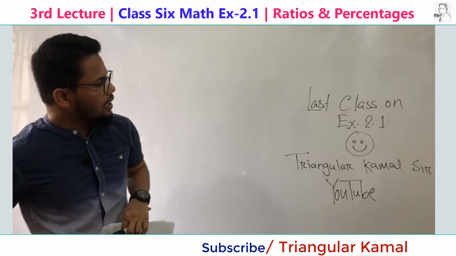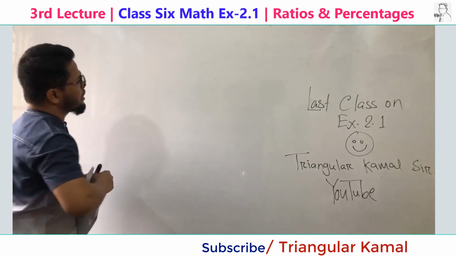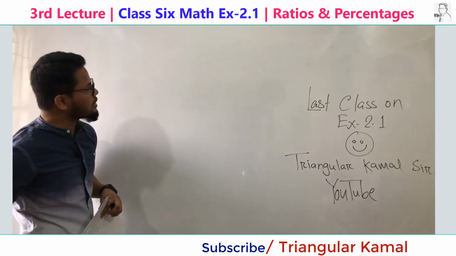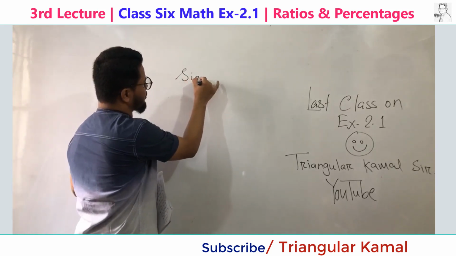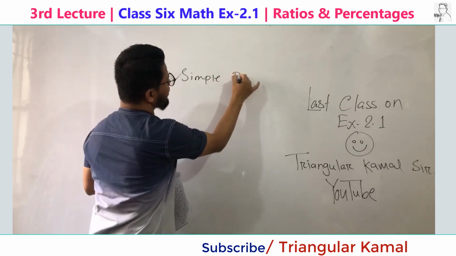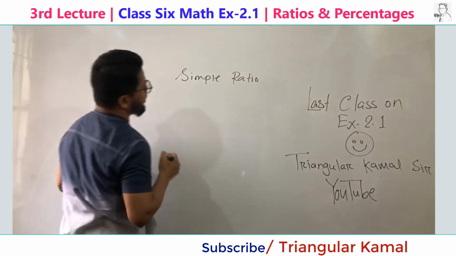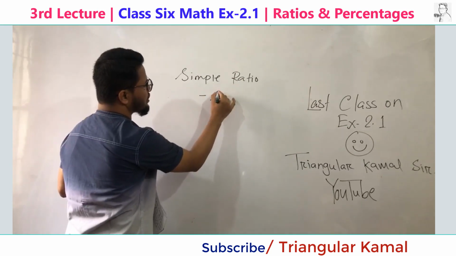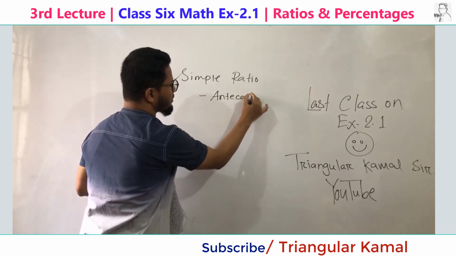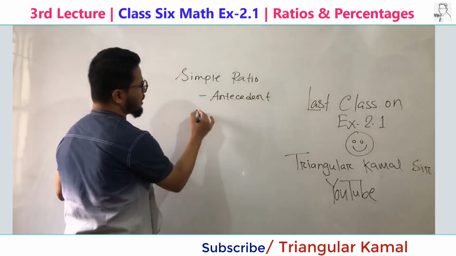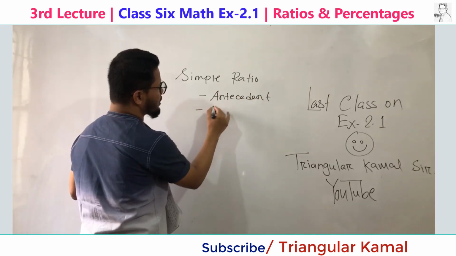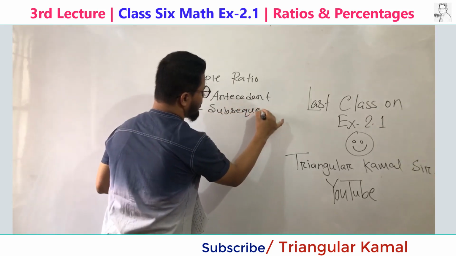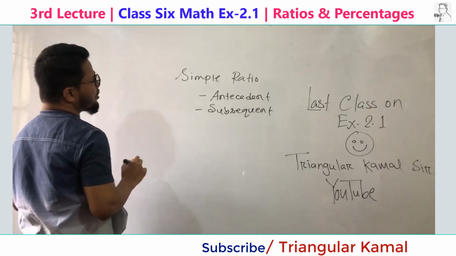So in our last few classes, we have discussed simple ratios. In simple ratios we discussed two parts. The first one is called the antecedent, and the second part, the denominator, is called the subsequent.